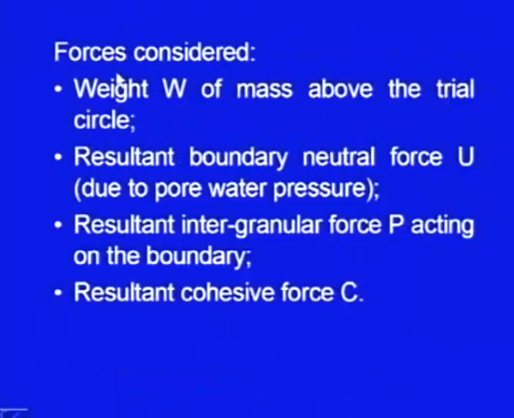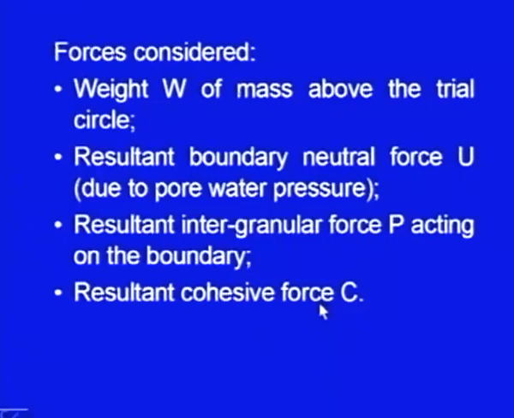Now, the forces which we are considering: the weight W of the mass above the trial circle, that is the first force. Secondly, the resultant boundary neutral forces. There will be the force due to pore water pressure. The resultant of all those forces is the resultant boundary neutral force U. Thirdly, the resultant intergranular force P acting at the boundary of the circle, and the resultant cohesive force.